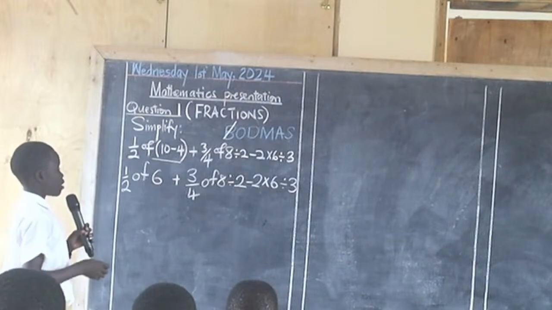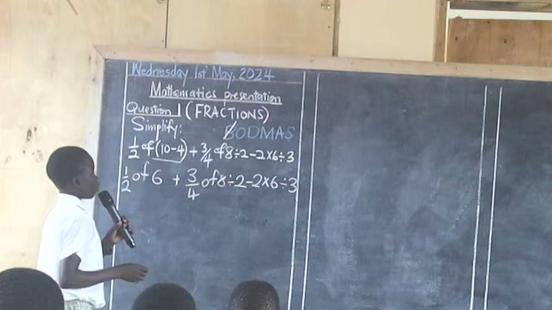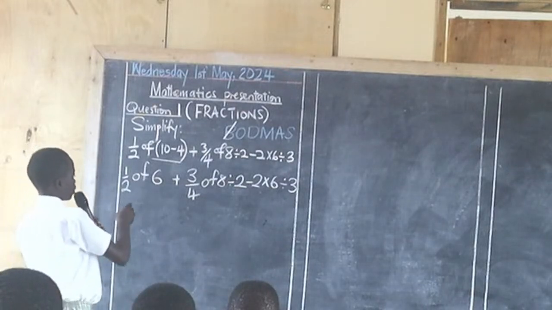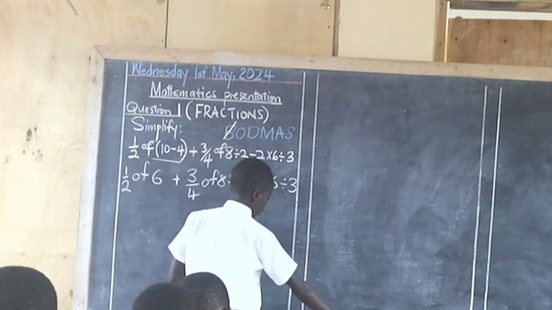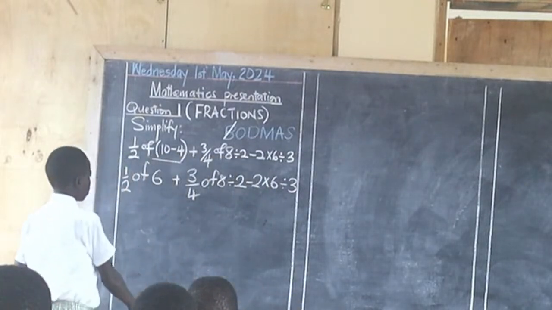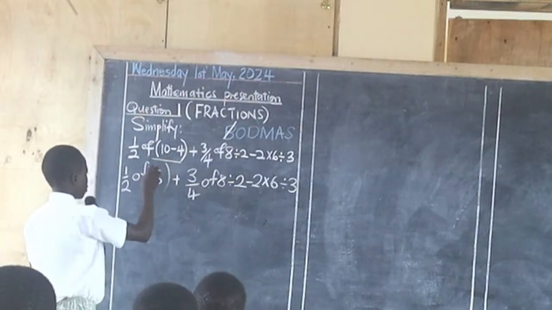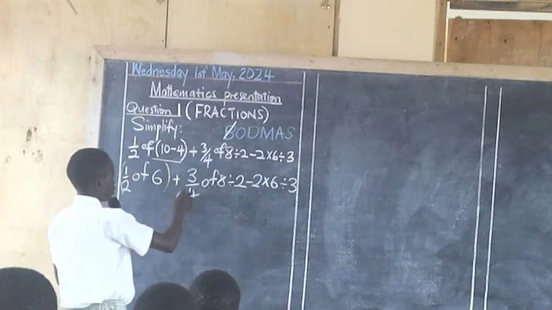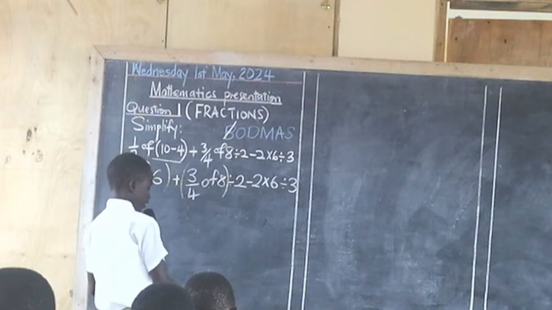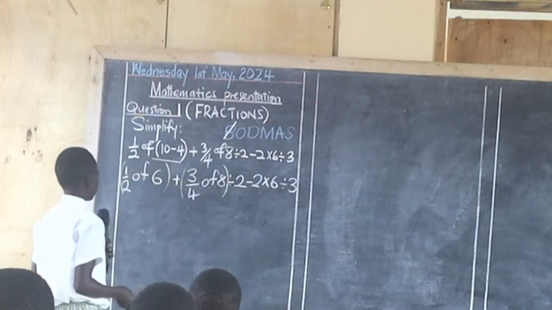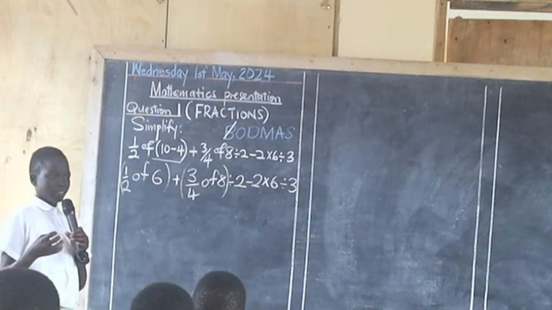So now we have finished the brackets. There are no other brackets. Now we go to of, where we see there is an of here and here. I'm going to put these in brackets and simplify them first. What does the word of mean?